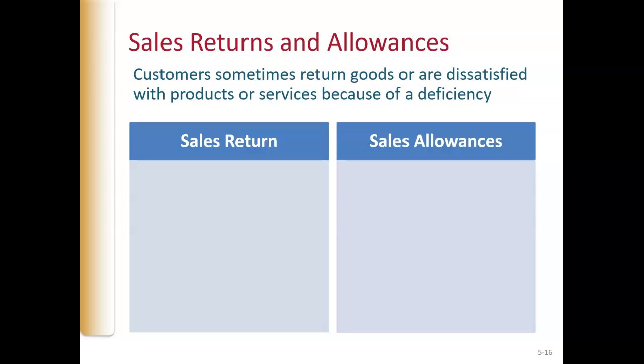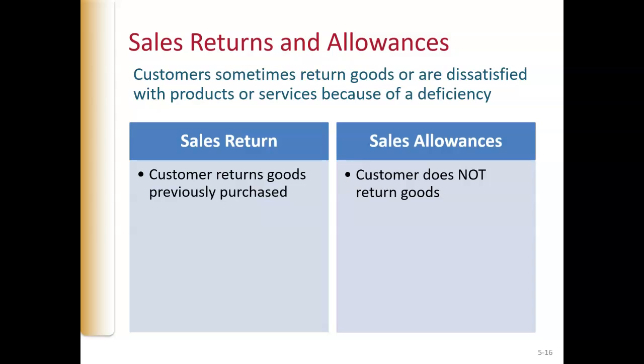In this case, we do record it, because originally we showed the full amount. If a customer returns goods, that's called a sales return. A sales allowance is a little different. With a sales allowance, the customer does not return the good, but somehow they're not happy with it.